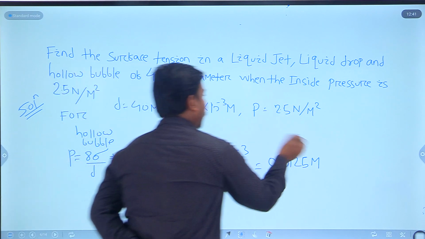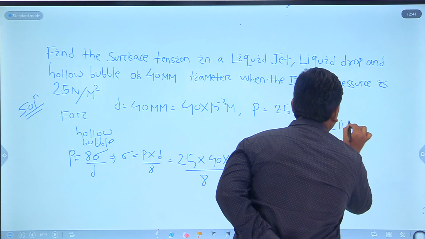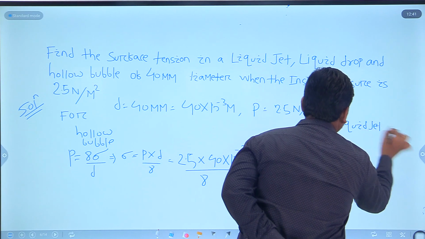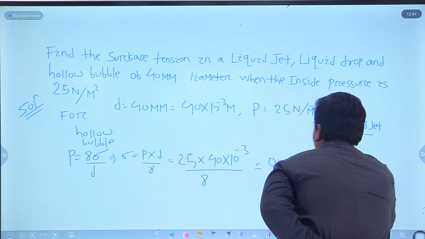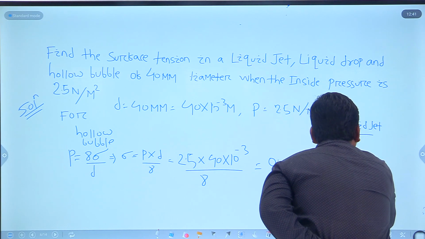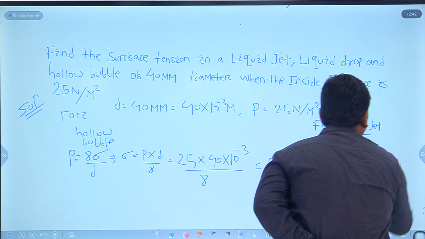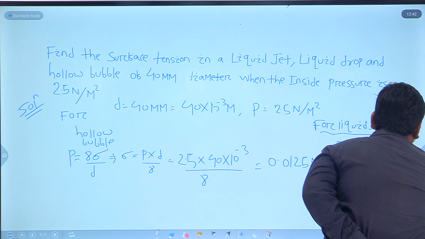For liquid jet, P is equal to 2 sigma divided by d, that implies that sigma is equal to Pd by 2.